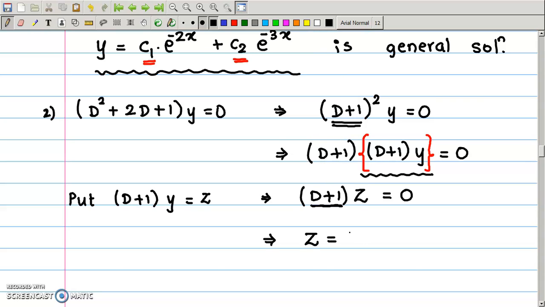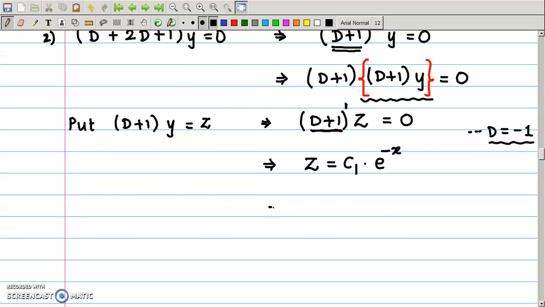So the general solution will be, and since this factor appeared only once, we take one arbitrary constant c1 into e raised to minus x. Since the root of this auxiliary equation here is minus 1, this root appears in the exponential function. So this is your value for z.